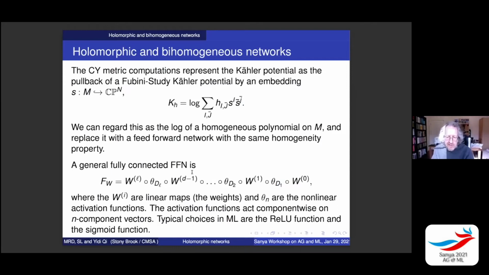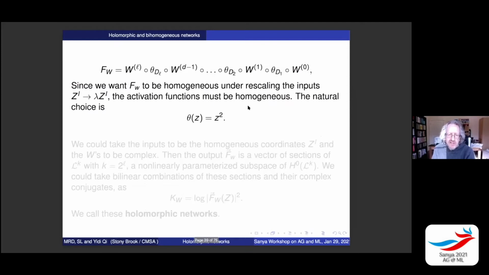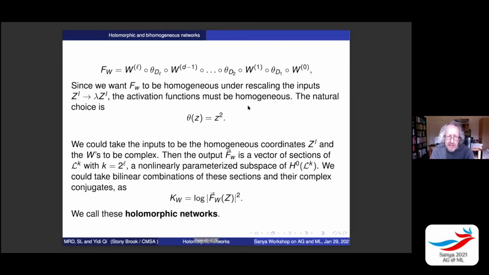And so what type of network can we use that will actually be useful for approximating these functions? Now, it's nice to maintain the geometry and the complex nature of the problem. And so we like the ansatz that gives us a Kähler potential to have the standard properties of a Kähler potential. So one way to do that would be to use our network to produce holomorphic sections.